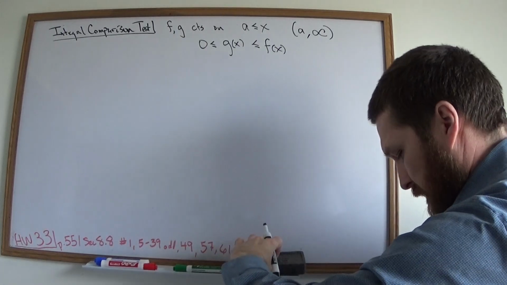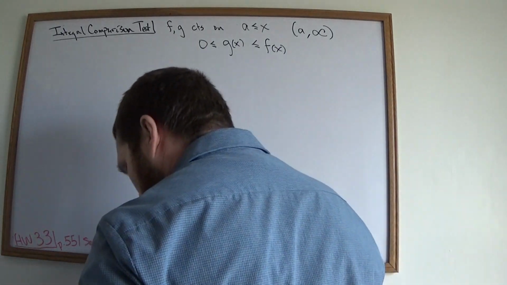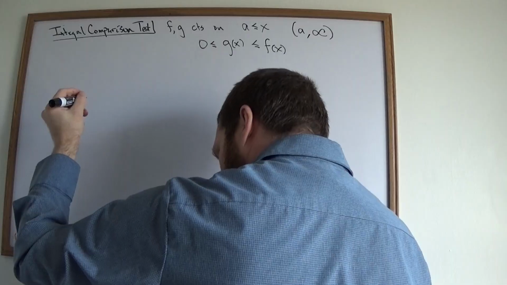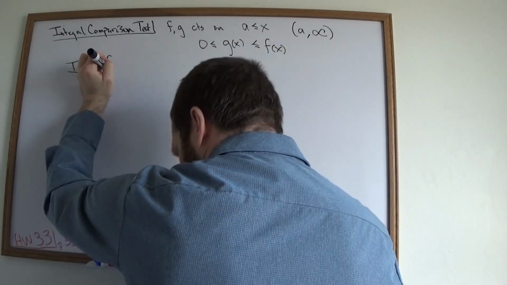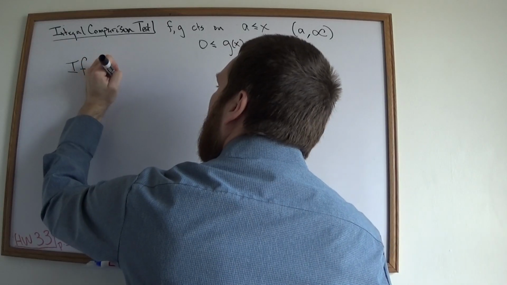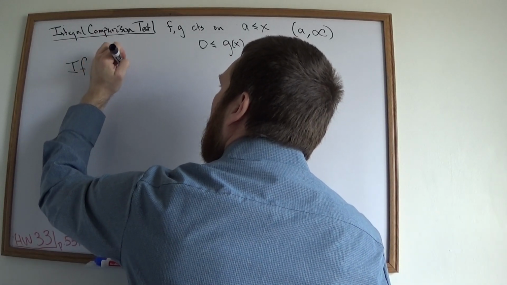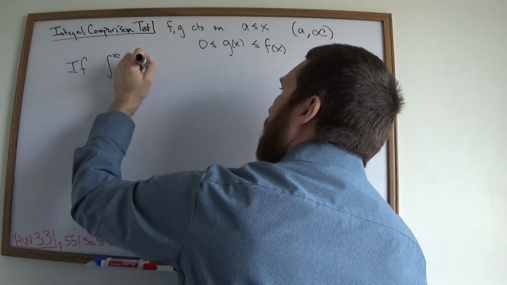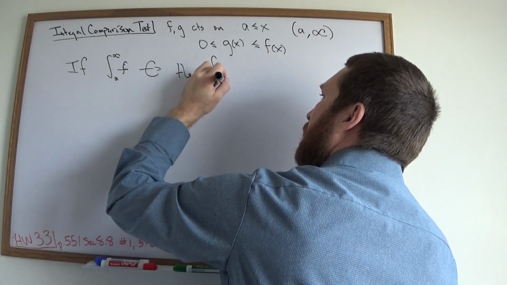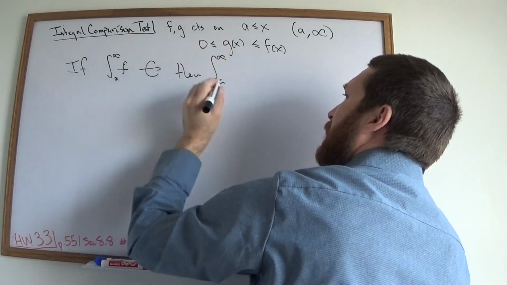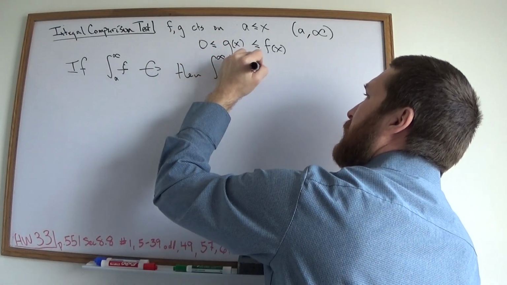Well then, I'm going to put it this way. I'm going to be sloppy with my writing here. If the integral from a to infinity of f converges, then the integral from a to infinity of g converges.